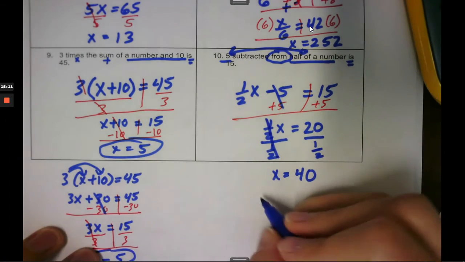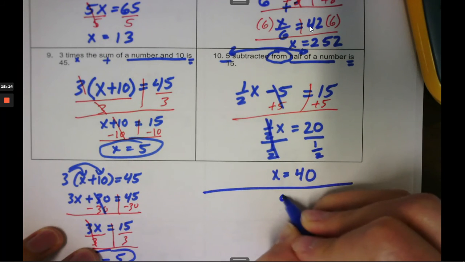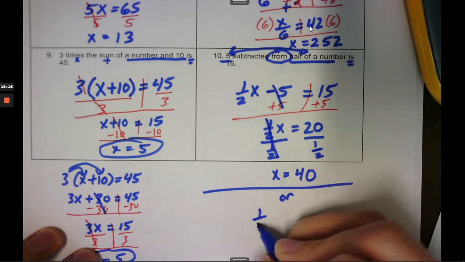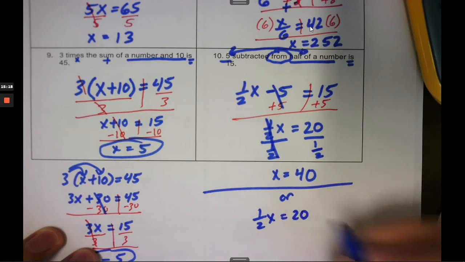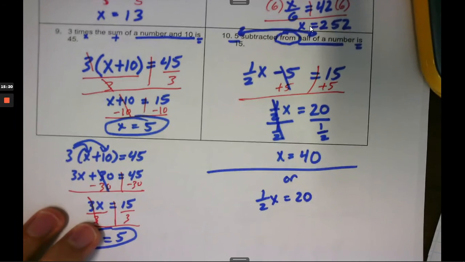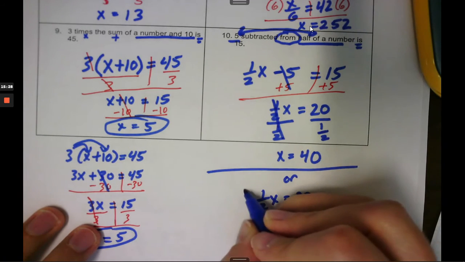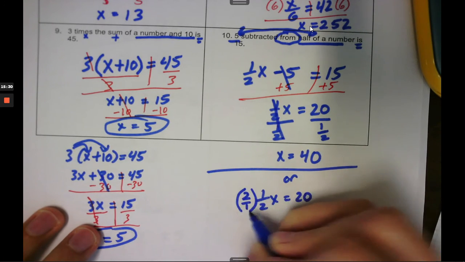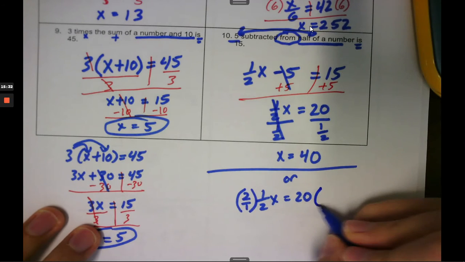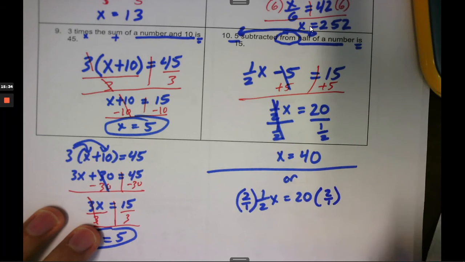The other way you can think about it, so I'm going to draw me a little line here, or when you get to that step, 1/2 x equals 20. If you remember from middle school, you might have been taught never to divide by a fraction. Instead, you multiply by its reciprocal. And the reciprocal of 1/2 is 2/1. Okay?